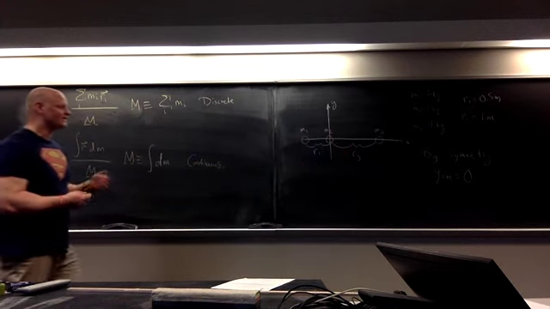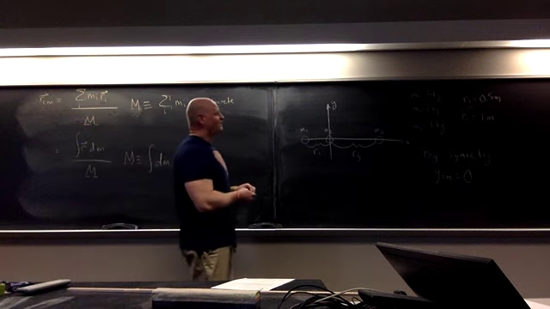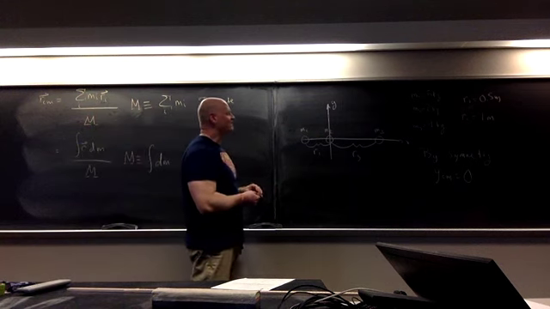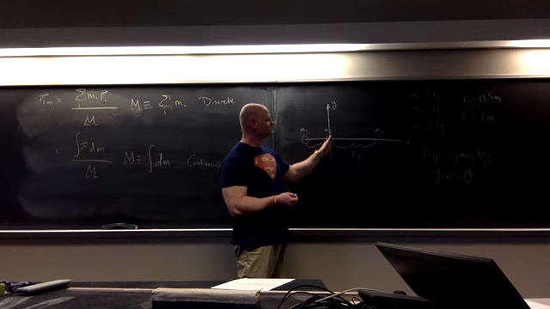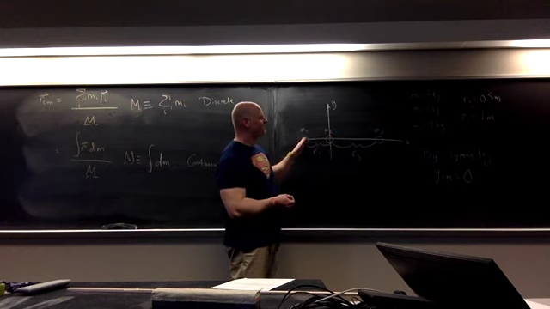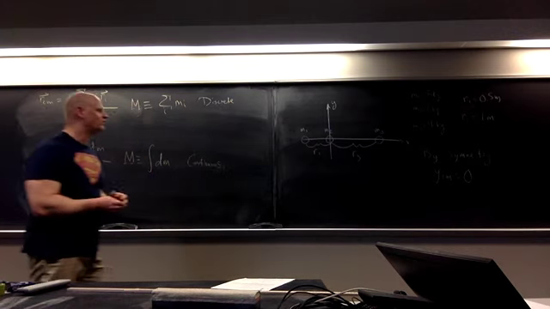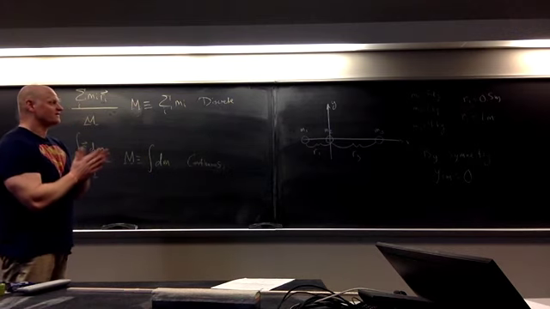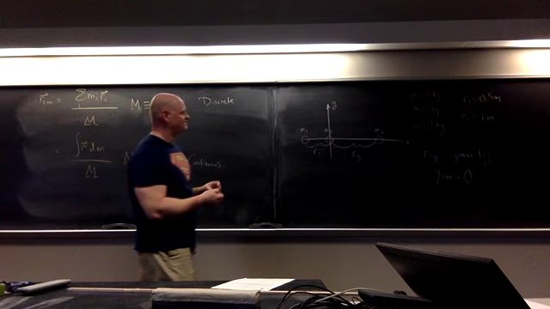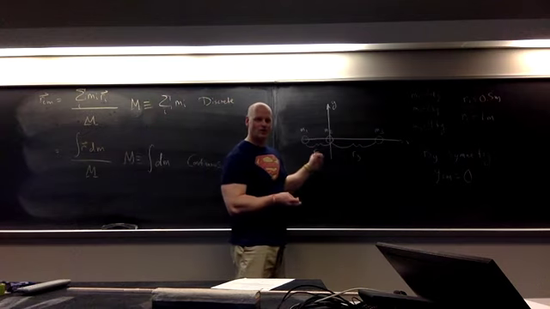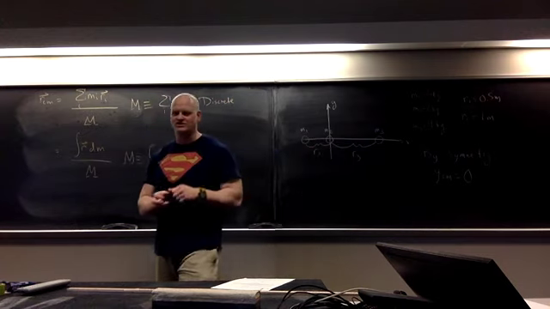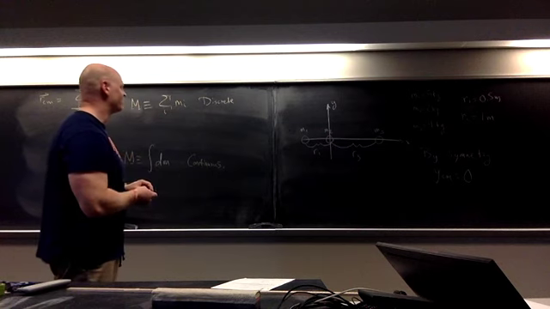This one has 0 position, this one has 0.5 meters, and this one is 1 meter away. What we want to determine is the position of the center of mass, which will only be determined by its x location, since its y location is simply 0.